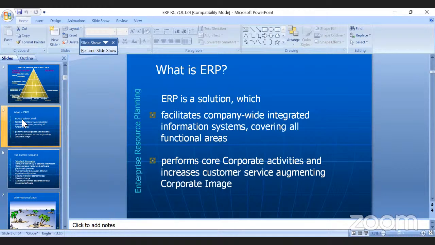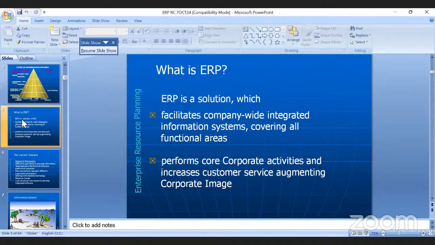Everything reflects and shows in the relevant departments of the organization. It pops up in production, finance, HR, marketing and sales. Higher authorities can see this. All this happens with a single entry.